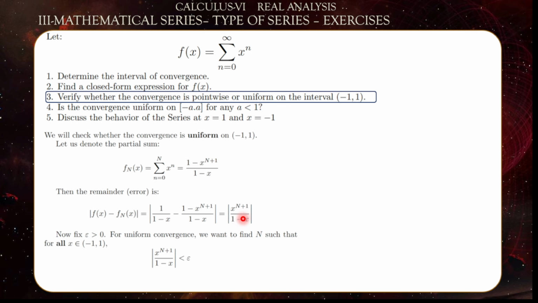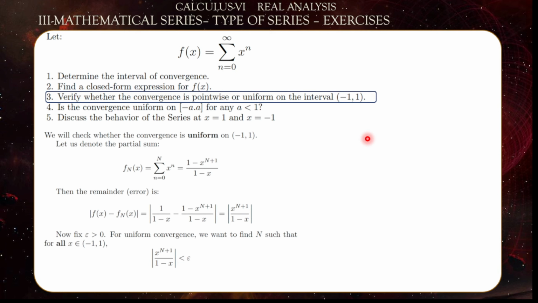So it gives us x to the power of n plus 1 divided by 1 minus x. Now fix epsilon greater than 0 for uniform convergence. We want to find n such that for all x between minus 1 and plus 1, the absolute value of x to the power of n plus 1 divided by 1 minus x is less than epsilon.